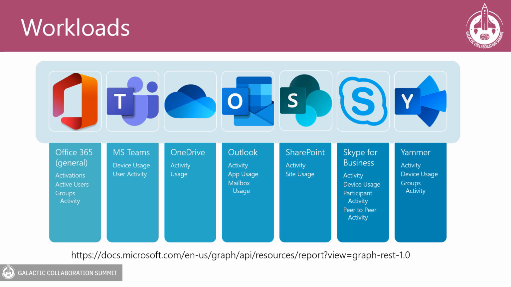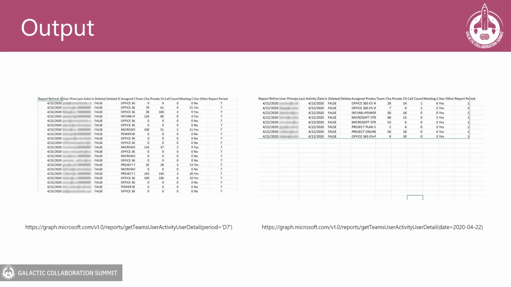In this case, you can just go and get the data yourself, and the URL at the bottom shows you how to go about and get it. But the workloads that you see here should be fairly familiar. It's more or less driven from the same data that's behind both the admin console and the usage and analytics API, and it's got the same sort of granularity with some minor differences.